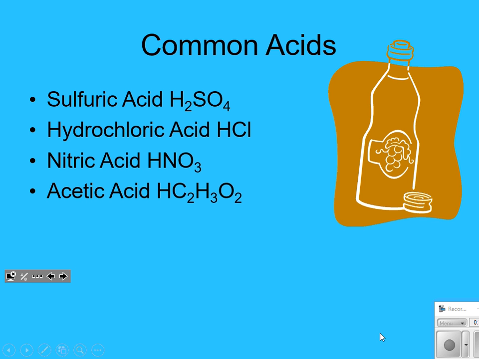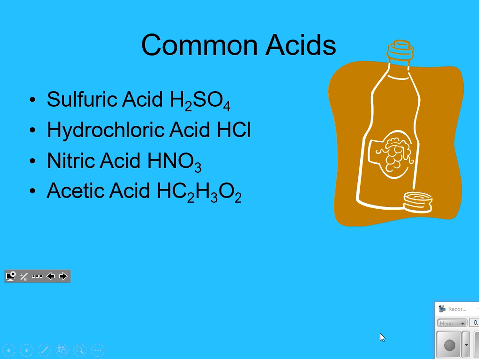Now, what might help you out in remembering those other 3? Sulfuric acid has the sulfate polyatomic ion in its formula. And you guys always get to use your polyatomic ion sheet. And why is it H2SO4? Well, sulfate polyatomic ion is a -2 charge. 2 hydrogens balance it out.